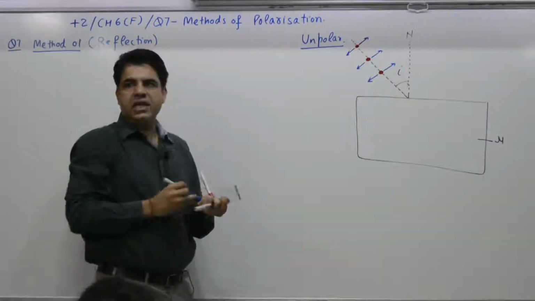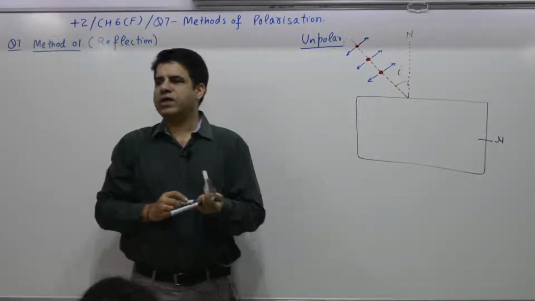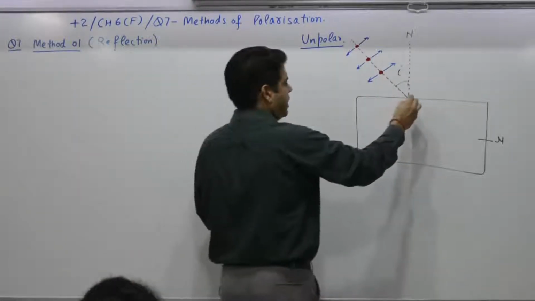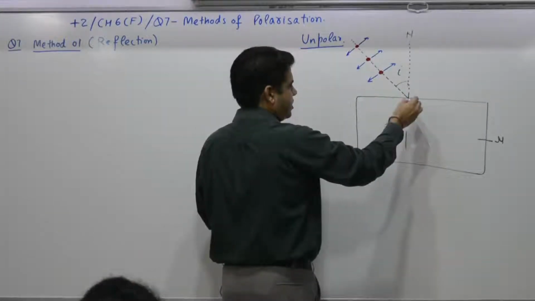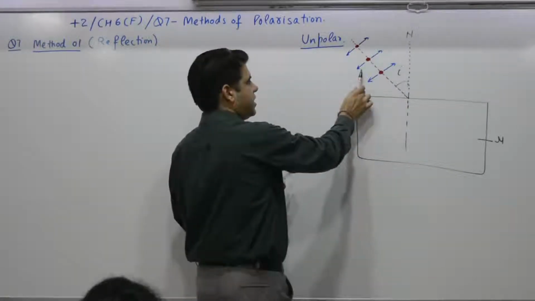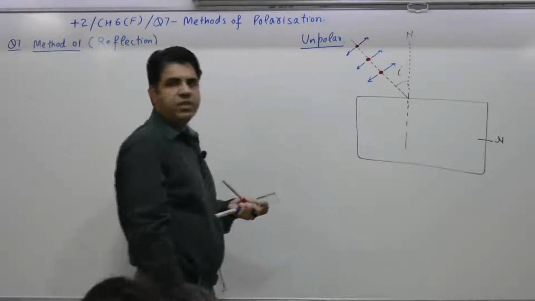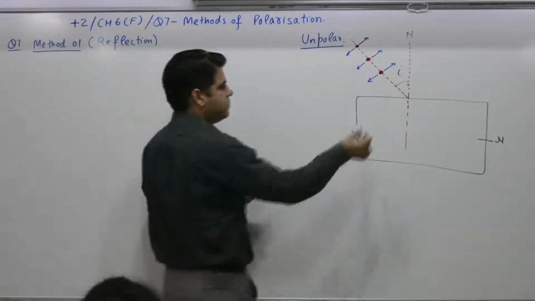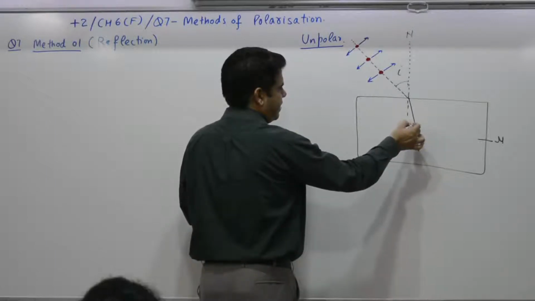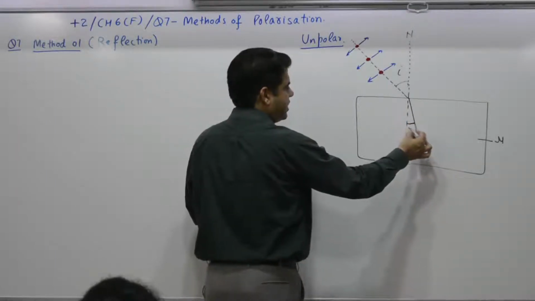So incident light is unpolarized. You get light transmitted to the other side. If this is air and this is glass, when light travels from air to glass, from rarer to denser medium, it bends towards the normal. Suppose this angle of refraction is R.